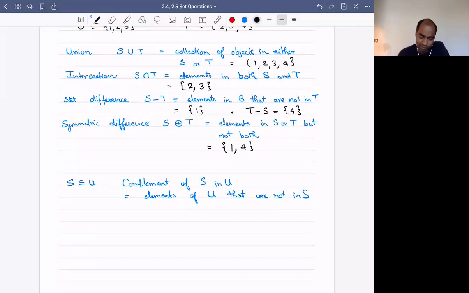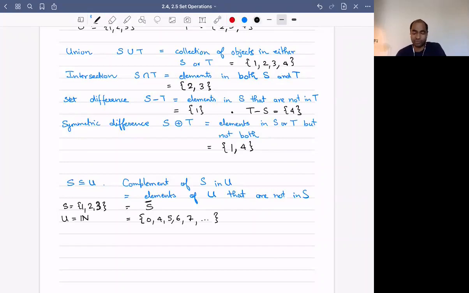Let me keep S to be the same as above. S is 1, 2, 3. And let me take U to be the set of all natural numbers, which start from 0 for us. So 0, 1, 2, 3, 4, and so on. Then the complement, denoted S bar, is the elements of natural numbers which are not 1, 2, 3. So 0, 4, 5, 6, 7, and so on.